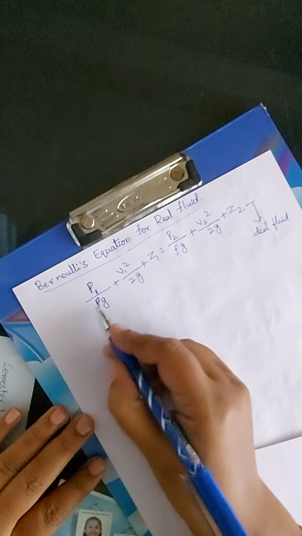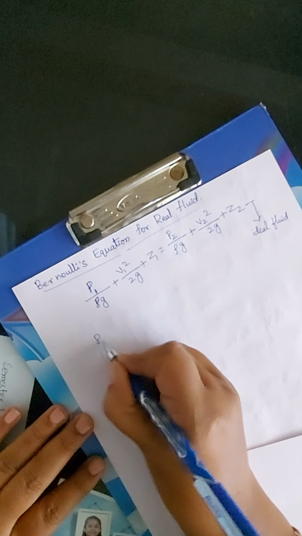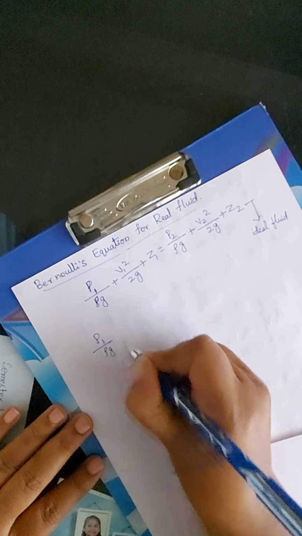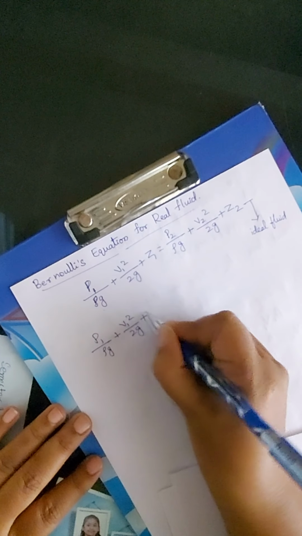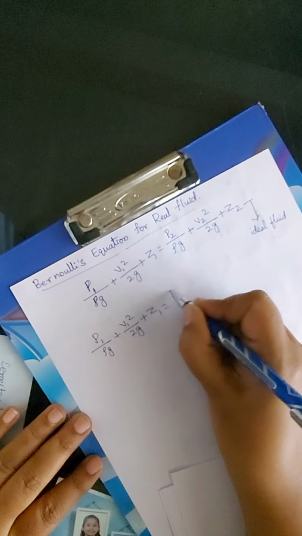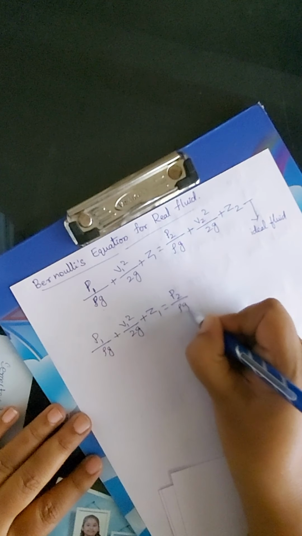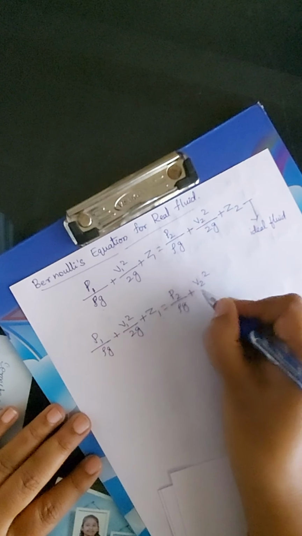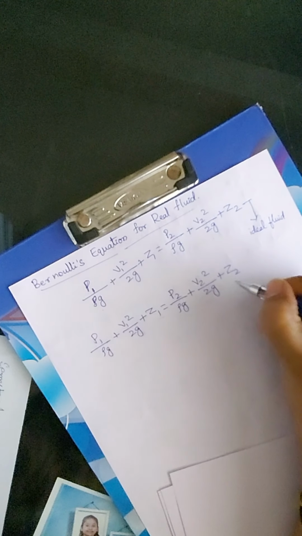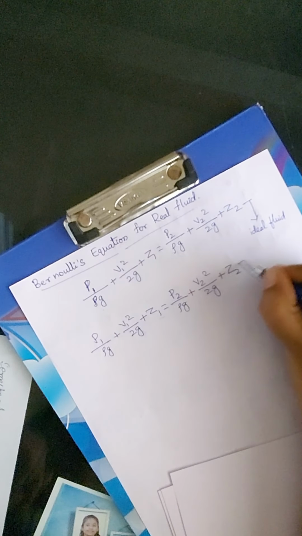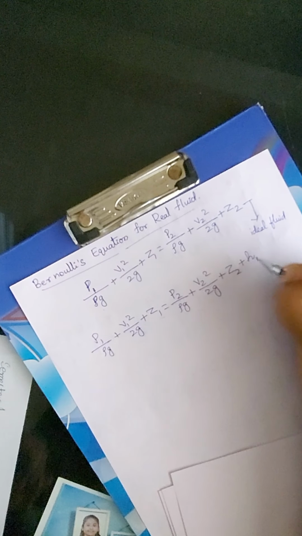So, Bernoulli's equation for real fluid is P1 divided by rho g plus V1 square divided by 2g plus Z1 is equal to P2 divided by rho g plus V2 square divided by 2g plus Z2. Here we will add one more term called HL.